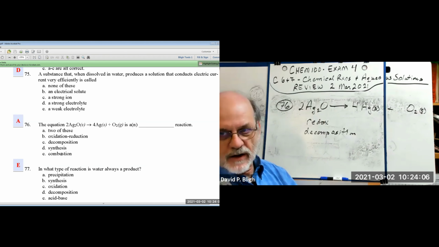Zinc, solid, and 2 silver nitrate, aqueous, yields zinc nitrate and silver.